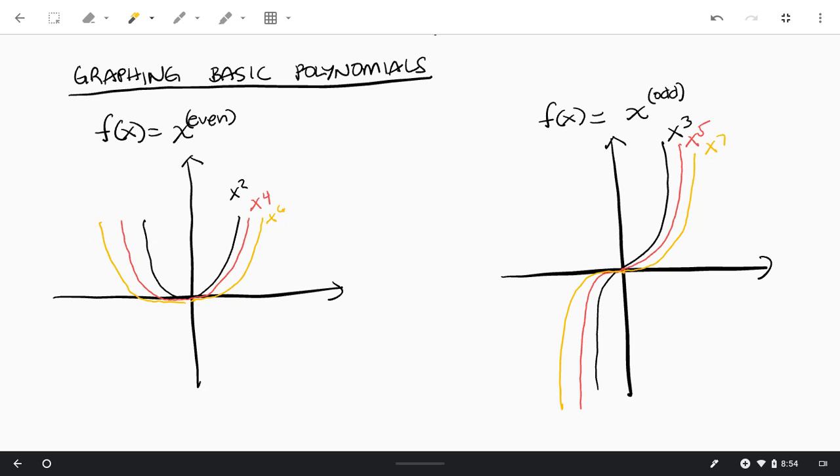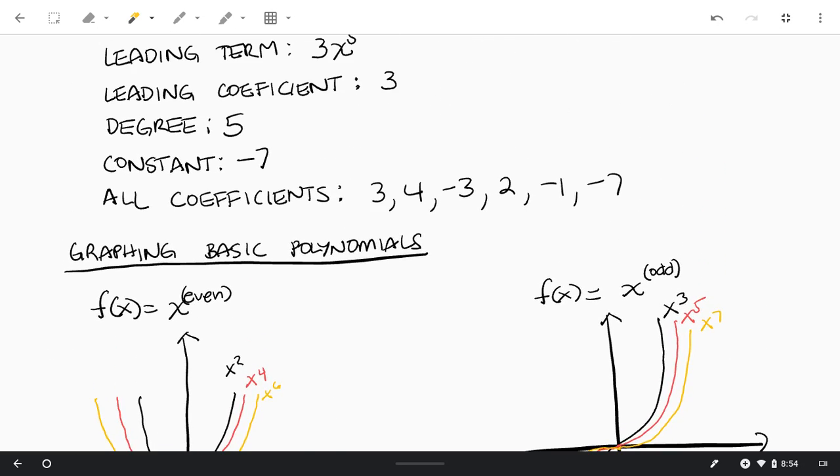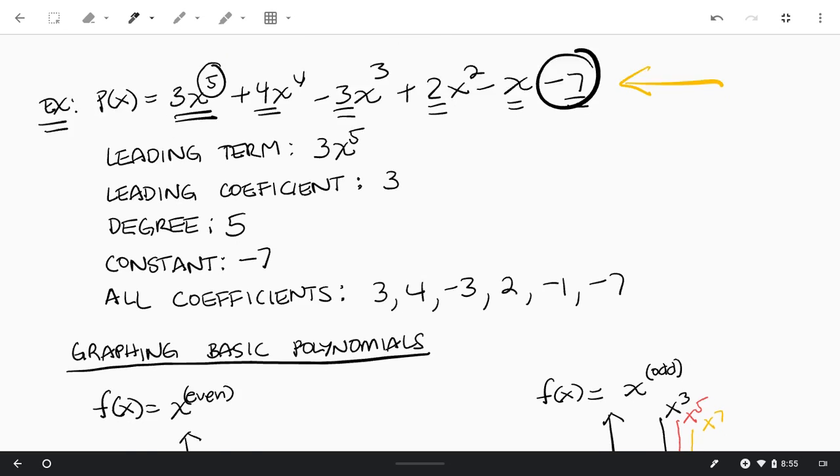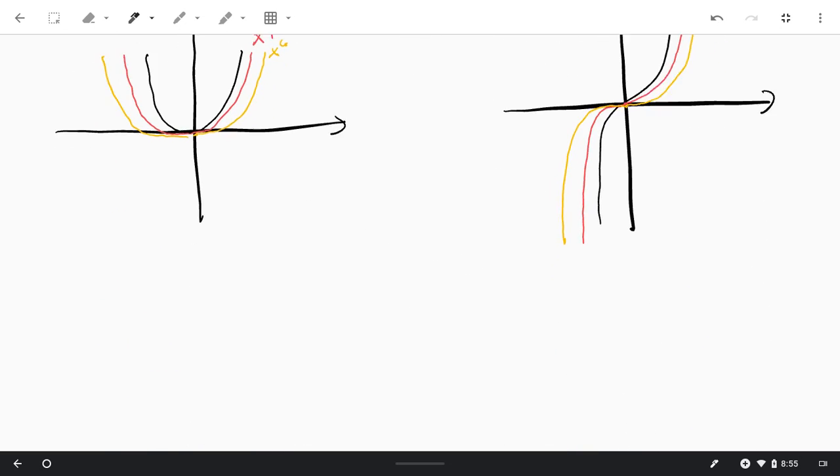So let's take a look at graphing other polynomials that look more like this one over here, where you have more than one term added, and things being multiplied. In order to graph something like that, we need to look at what's called the end behavior.